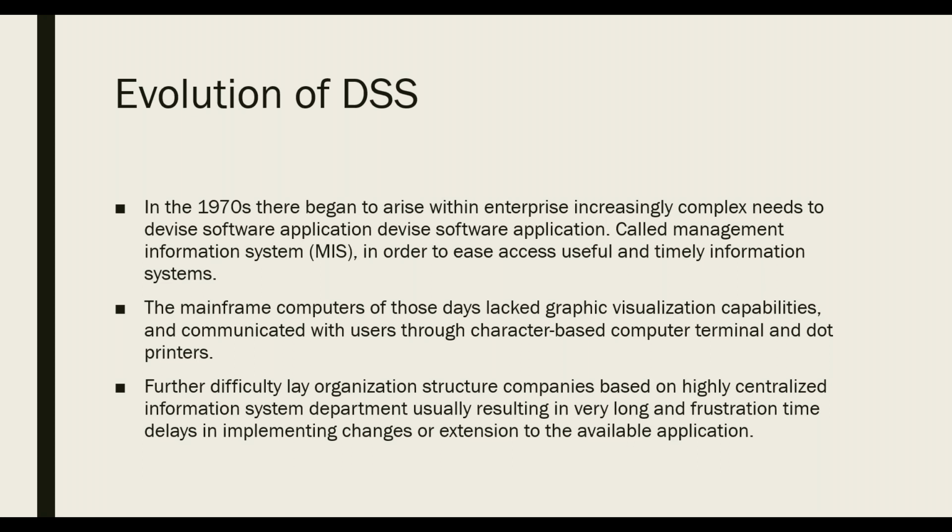That's how things used to be. A further difficulty lay in the organization structure: companies were based on a highly centralized information system department, usually resulting in very long and frustrating time delays in implementing changes or extensions to the application. So that used to happen.